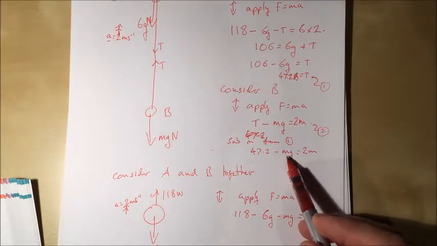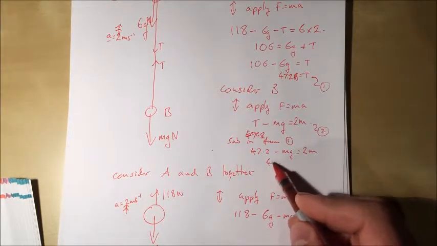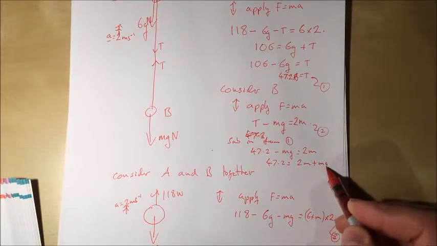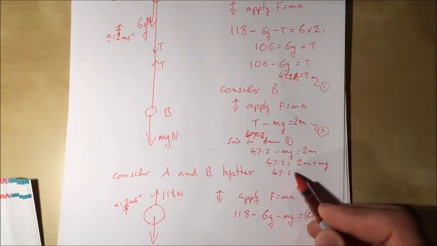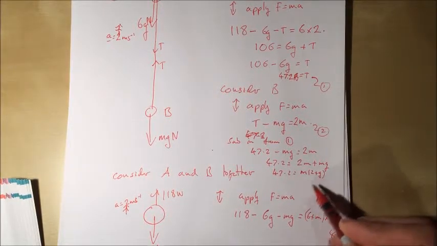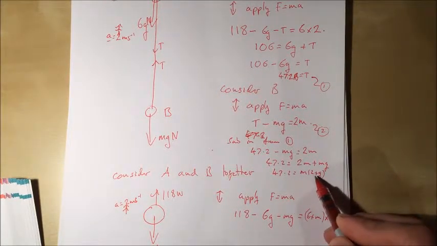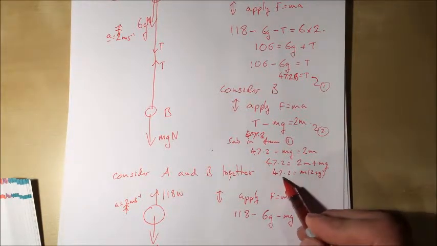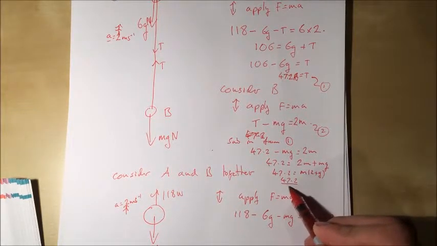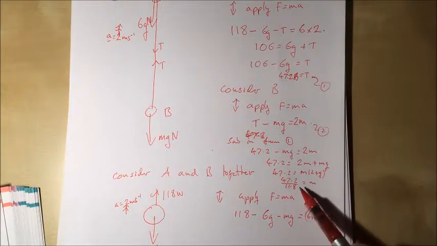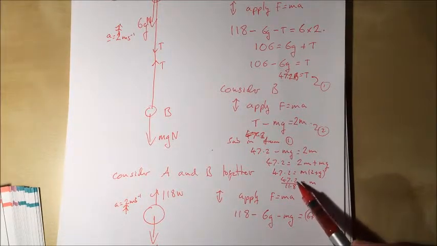M is what we're trying to find, so let's put all the m's on one side. 47.2 equals 2m plus mg. 47.2 equals m brackets 2 plus g, and 2 plus g is 11.8, so 47.2 divided by 11.8 equals m, and that looks like 4-ish.